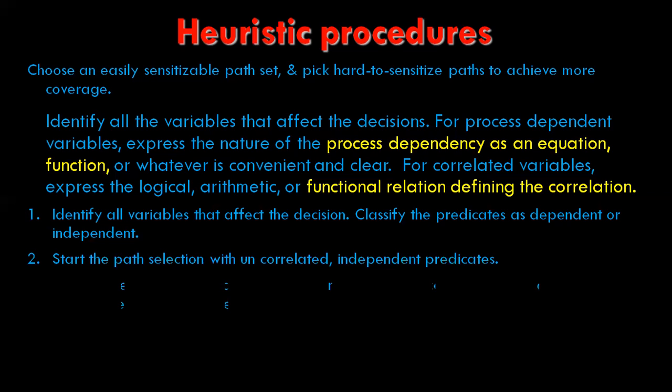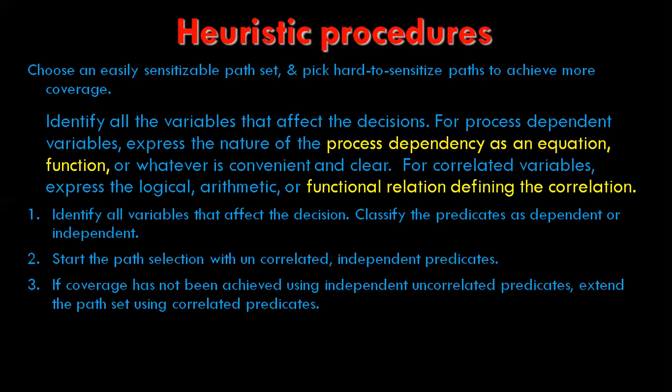Then we have to consider the uncorrelated and independent predicates for selection of paths. If we find any dependent predicates, then there may be a classification error, or there may be a bug, or complete path coverage is not yet achieved.